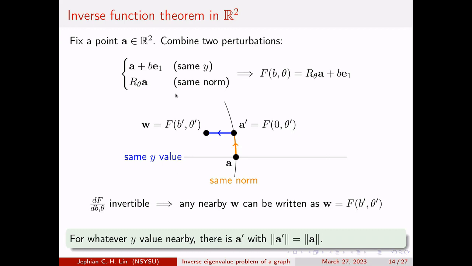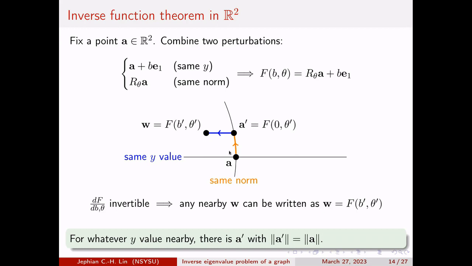If I add B times E1, where E1 is (1, 0), then A will be running on this line. So if I do this kind of perturbation, the value of Y is the same. It does not change the Y value.